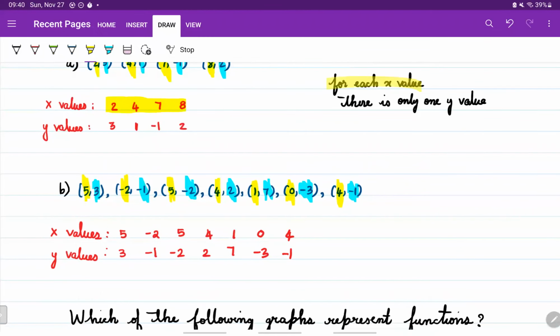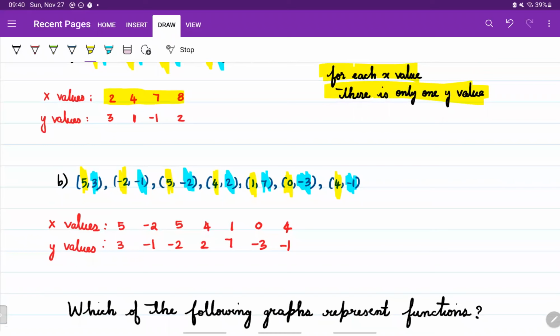Again, here we have our definition, where for each x value, there is only one y value. Here we see that we have two x values which are the same: two 5s and two 4s. Here 5 is mapped with 3, and here 5 is mapped with -2.